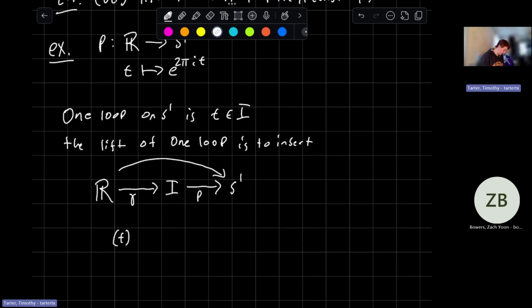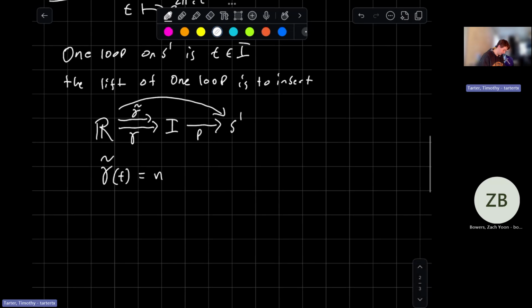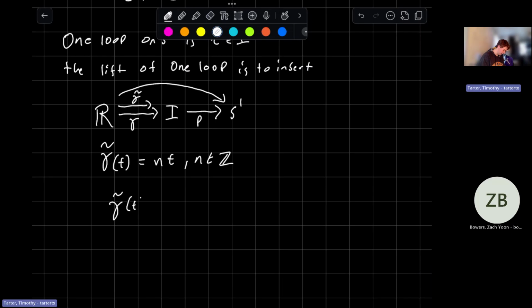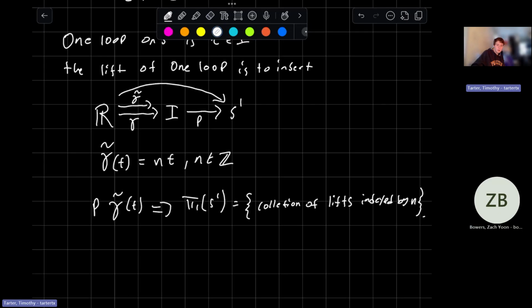The lift happens here, and so gamma of t gets lifted to a homotopy like that, which is basically nt for n in Z. And then gamma of t through p ends up giving you the structure that pi 1 of S1 is the collection of unique lifts indexed by n. Okay.